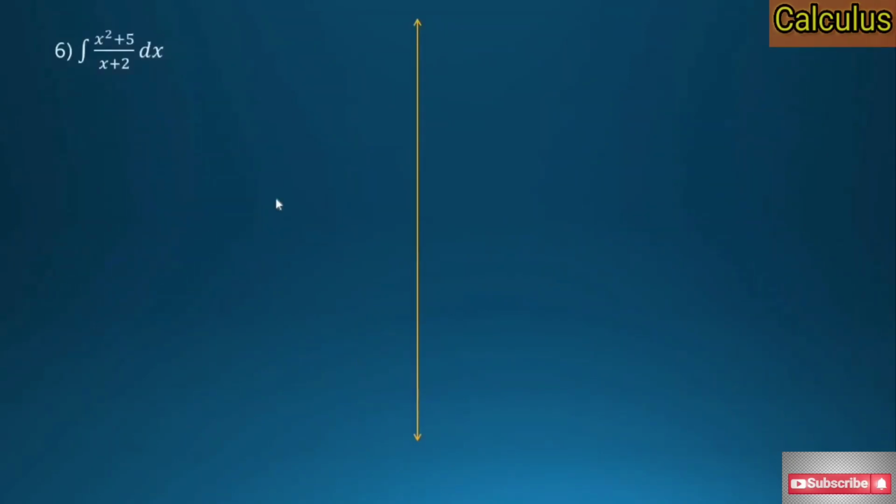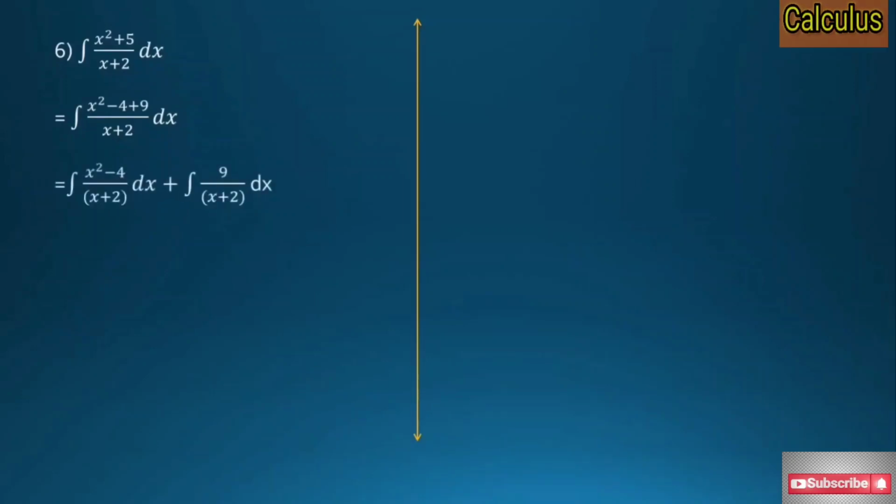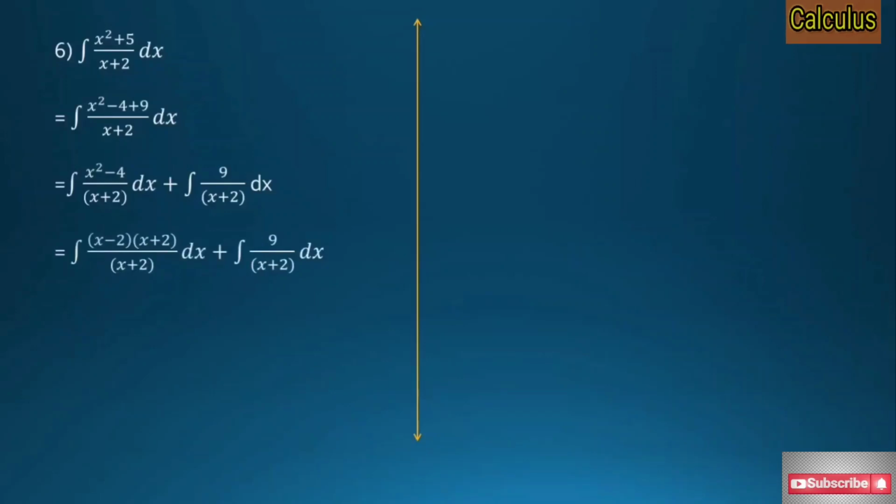In question number 6 we have integration of x square plus 5 by x plus 2, that you can write integration of x square minus 4 plus 9 by x plus 2 dx. That is, you can separate numerator and denominator with integration sign, that becomes x square minus 4 by x plus 2 dx plus integration of 9 by x plus 2 dx.